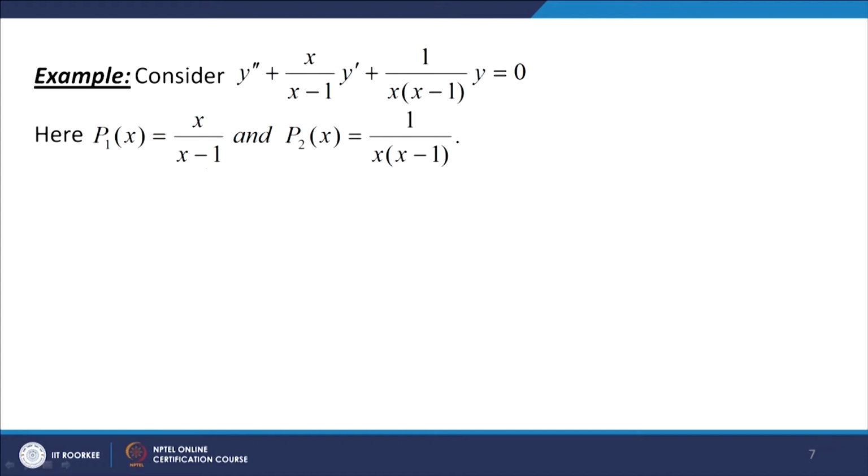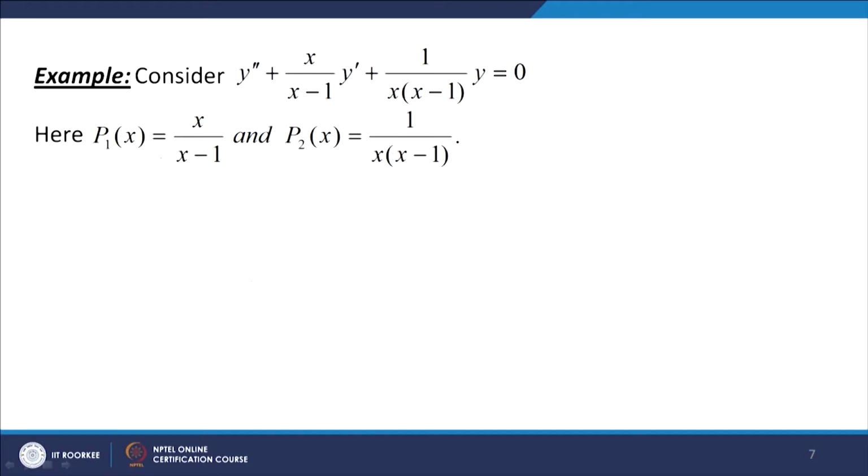Now, p1(x) is not analytic at x equal to 1, and p2(x) is not analytic at x equal to 0 and at x equal to 1. So, we can write the Taylor series of the function p1(x) about any point other than x equal to 1, and therefore every point x other than x equal to 1 is an ordinary point of p1(x).